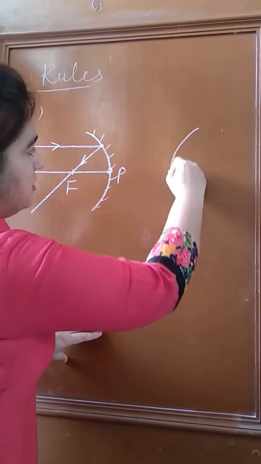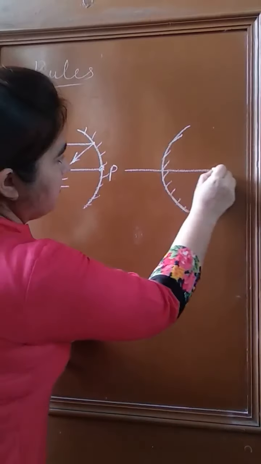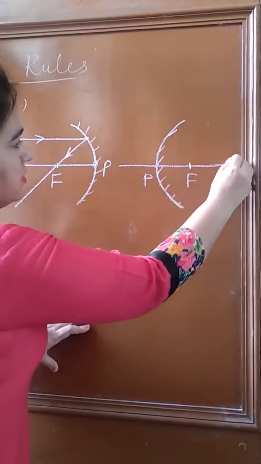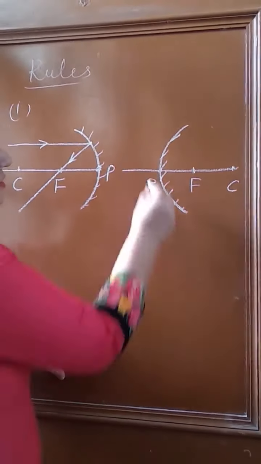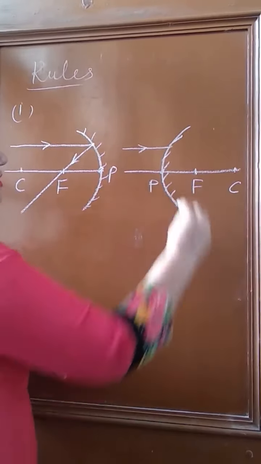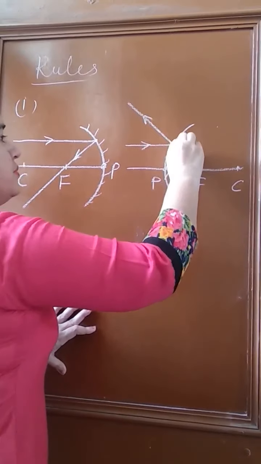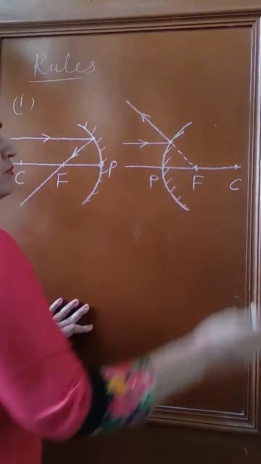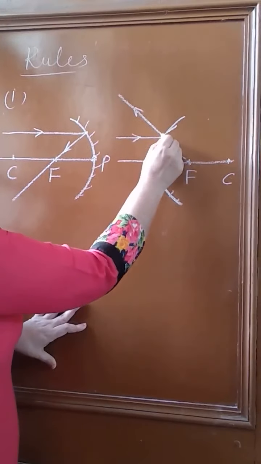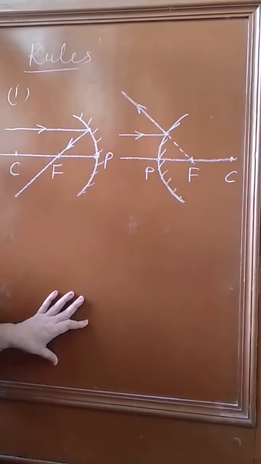In the same way, for the convex mirror, with pole, focus, center of curvature, a ray parallel to the principal axis after reflection from the mirror appears to diverge from the focus.